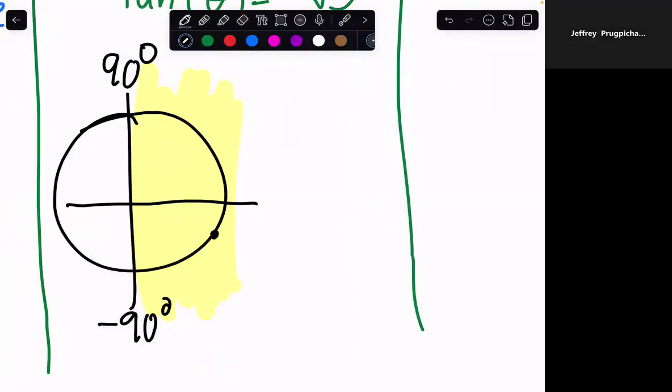So this first point, normally we would call it 330 degrees, but because it has to be between 90 and negative 90, we would instead call this negative 30 degrees.